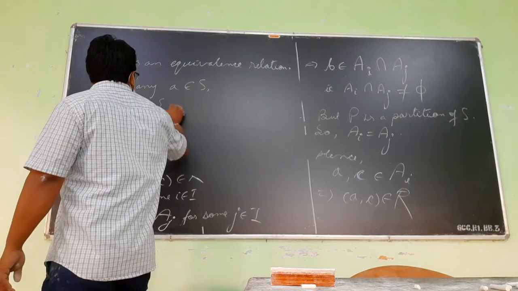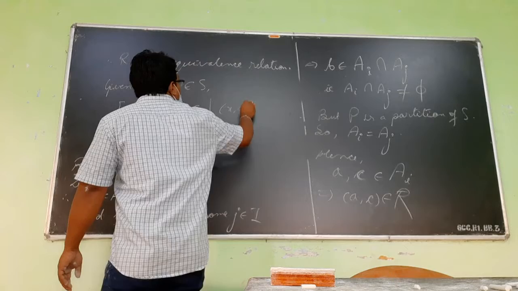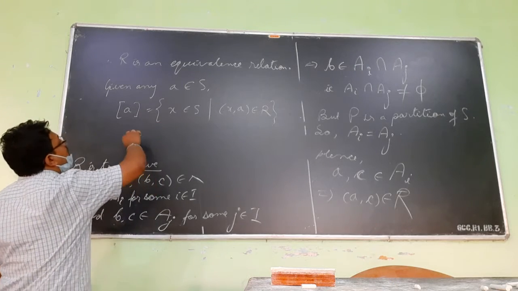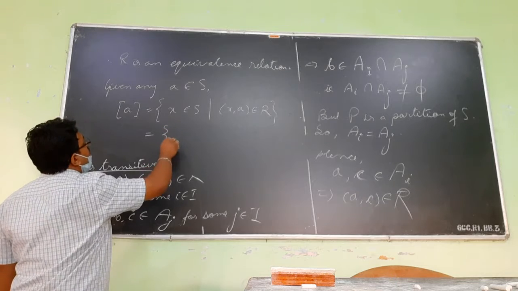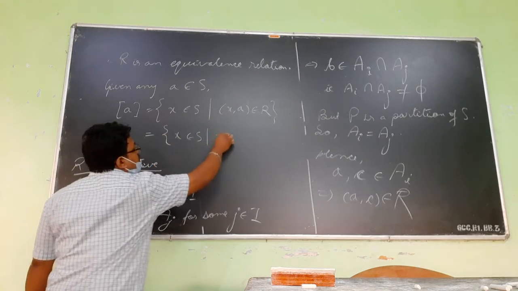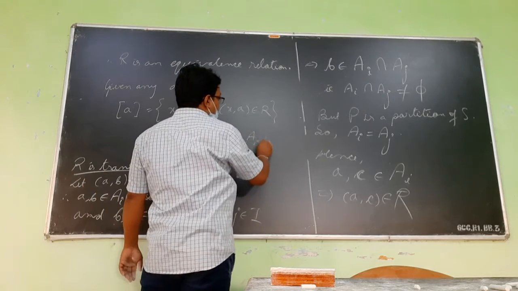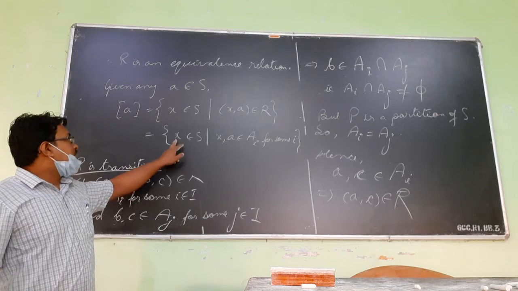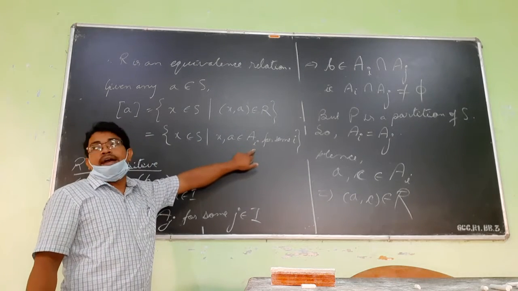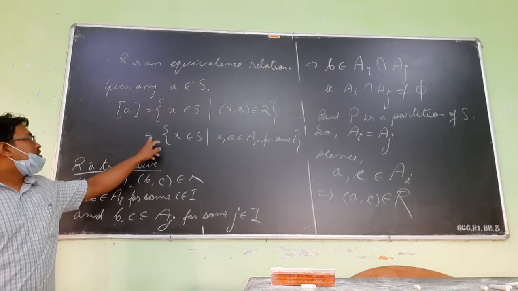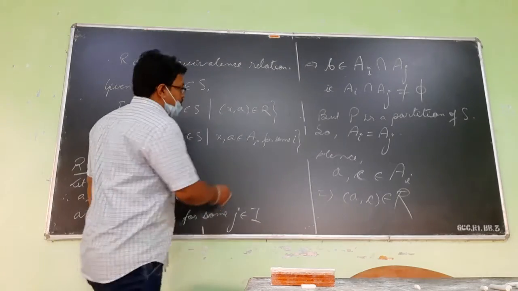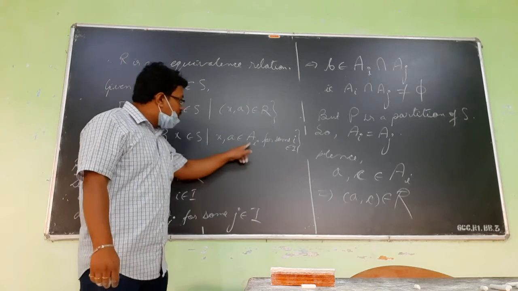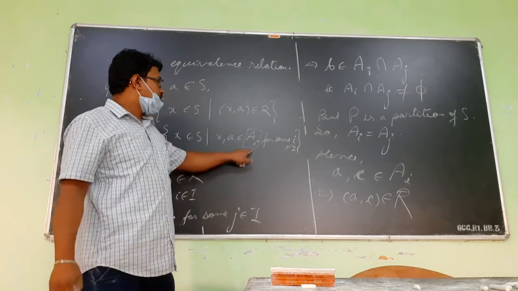The equivalence class of A is the set of all those X inside S such that (X, A) belongs to R. A will belong to some member, so it is actually X belongs to S such that (X, A) belongs to A_I for some I. So it is the set of all those elements of S which belong to A_I. The equivalence class of A is the set of all those X inside S which belong to this particular member.